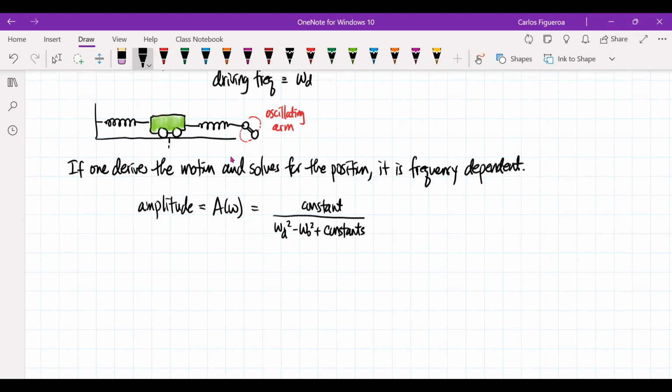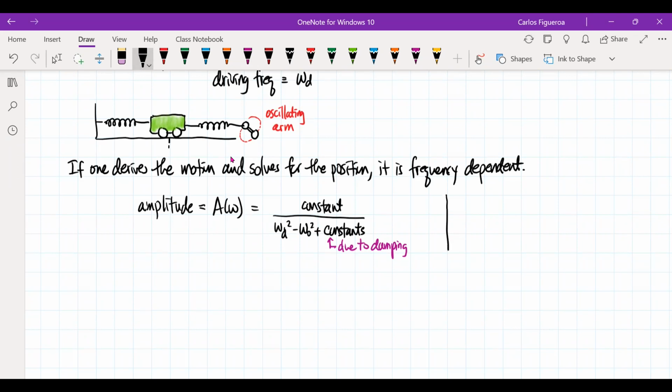The key thing here, when you look at this constant, is that this is due to damping. And since you can't get rid of damping, those terms always exist. If I had a perfect system, then I would have no constants in the denominator.